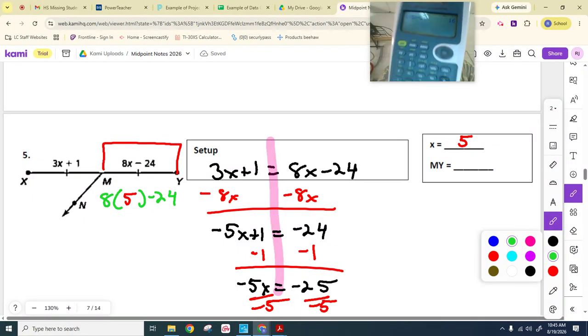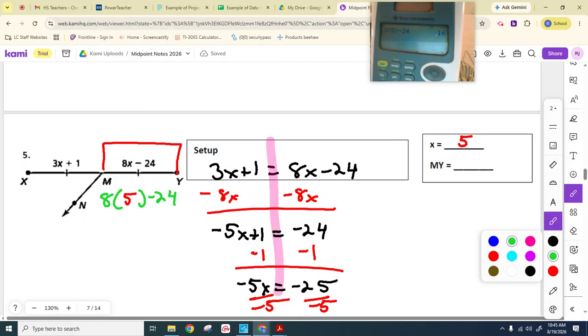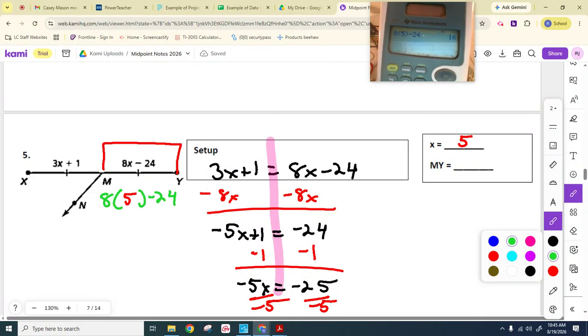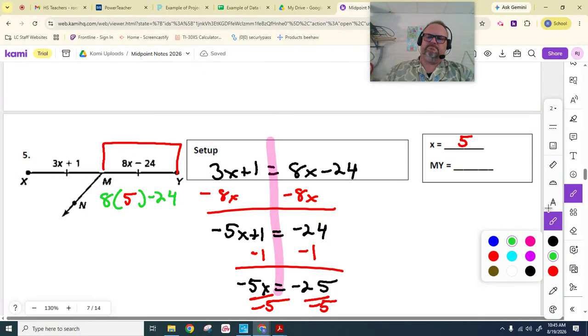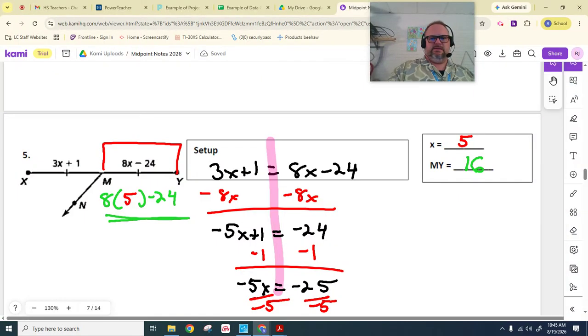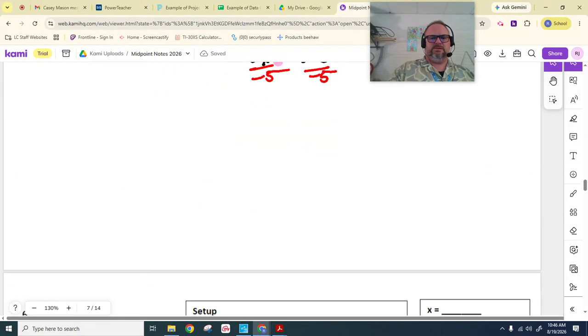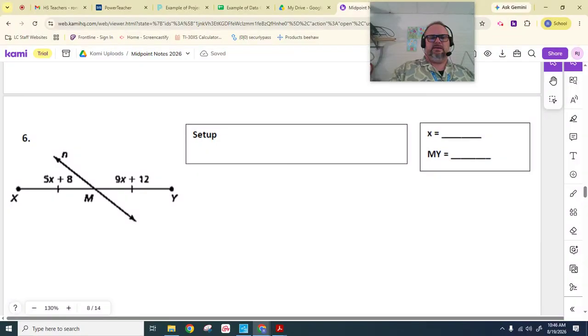All right, so 16. Okay. And remember, bless you, remember that's why I'm writing it like that. So you put it in the calculator just like that. Good, we have one more, right? Yeah.